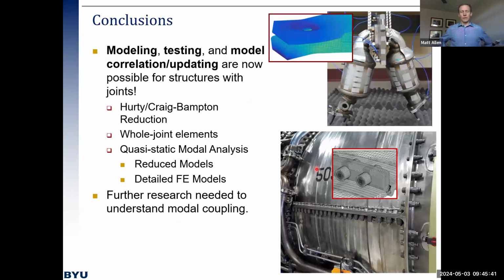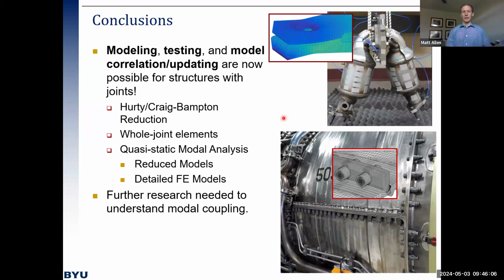All right, so with that, I'll just close up. I think it's an exciting time to be working on nonlinearity in bolted joints. There are a lot of great techniques that have come together to make these structures, which for many decades have been the bane of the existence of structural dynamicists. We're at the point where we understand them far better than we ever have.